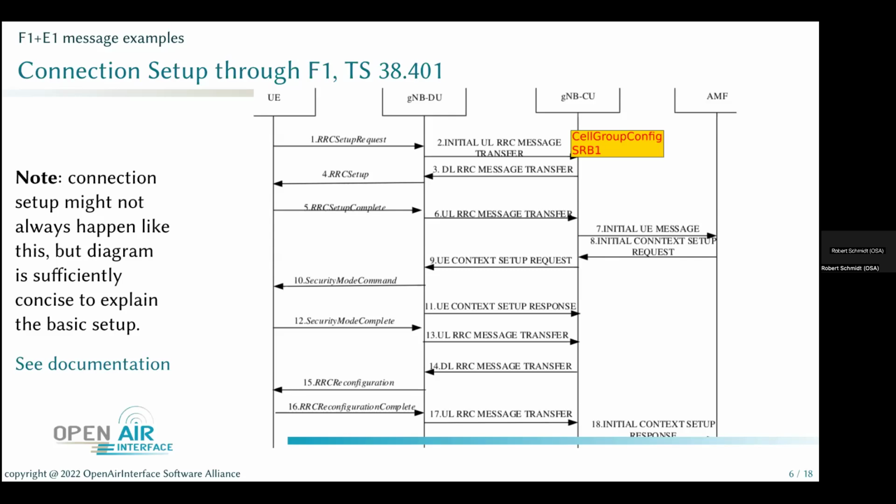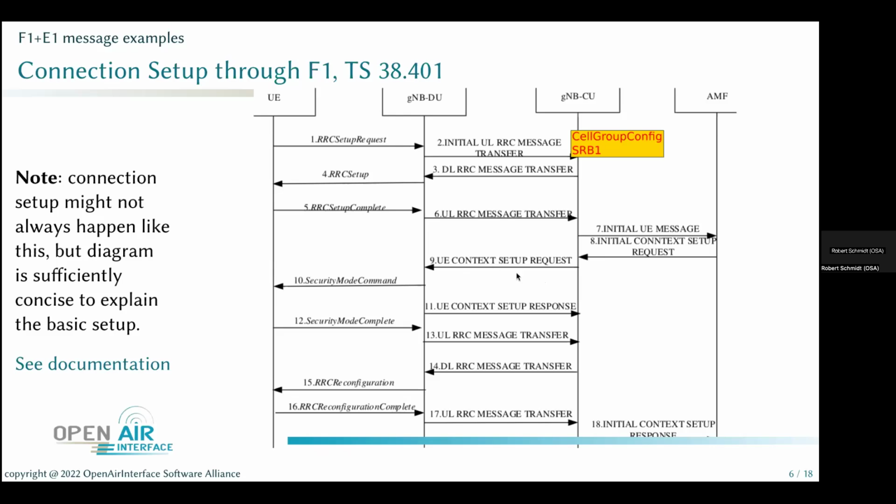And once this RRC connection has been set up, then at some point the CU will say hello to the AMF and say that there is a new UE. And well, then there is this initial context setup, and then there is a UE context setup request.